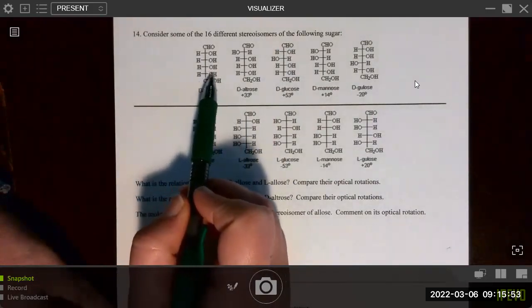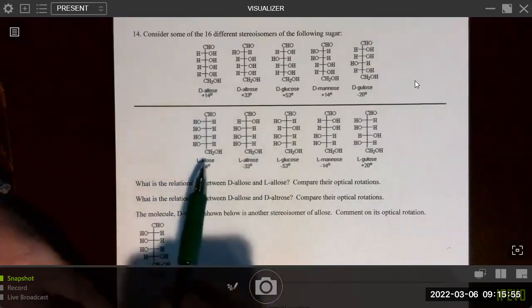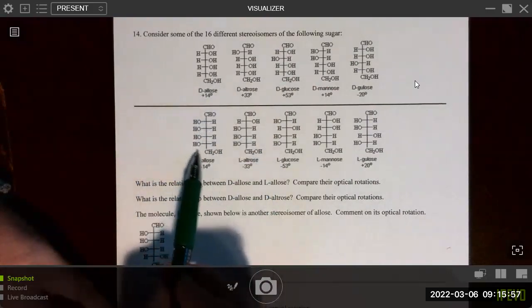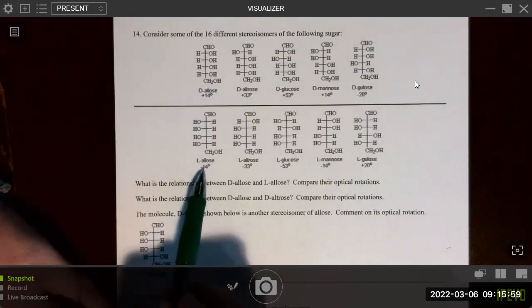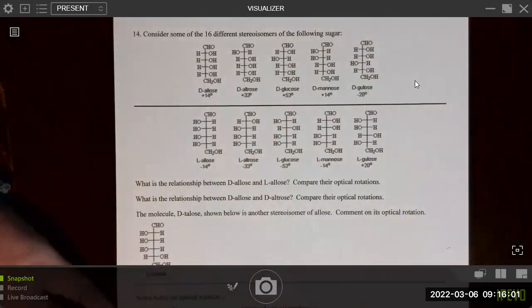If we have the OH group on the right, we call it D, and the OH group on the left of just this last chiral center will always be called L. So that's where that D and L comes from.